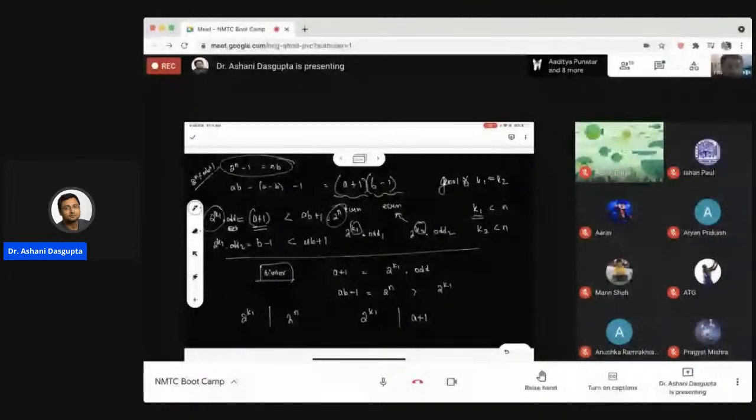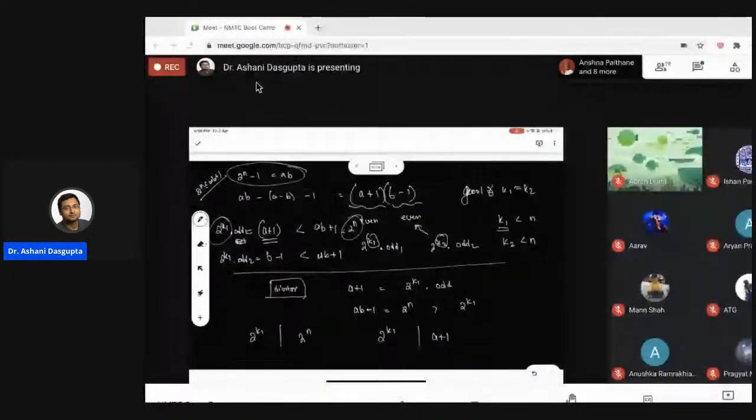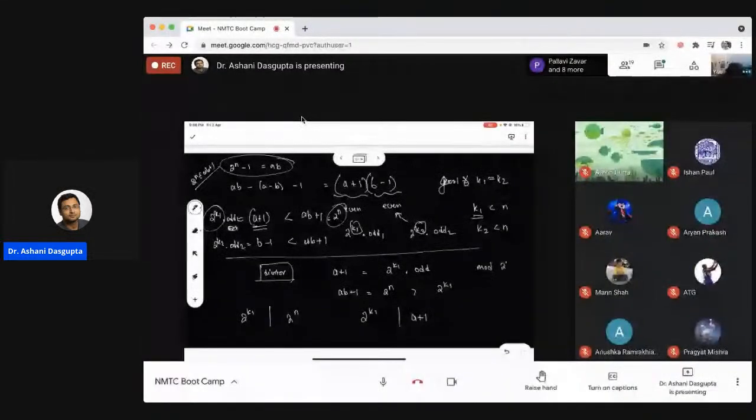Now we can use some amount of modular arithmetic here, modulo 2 to the power k1. So how do we do it?